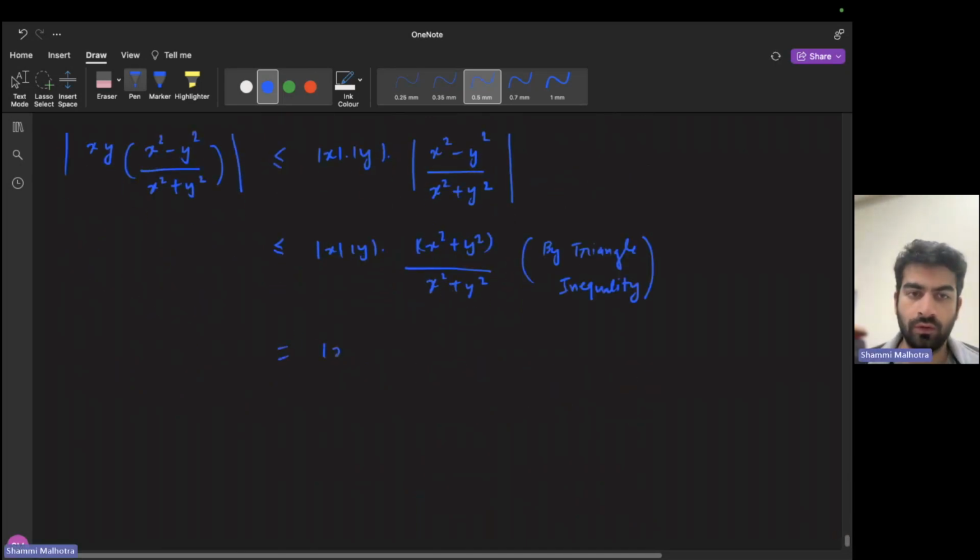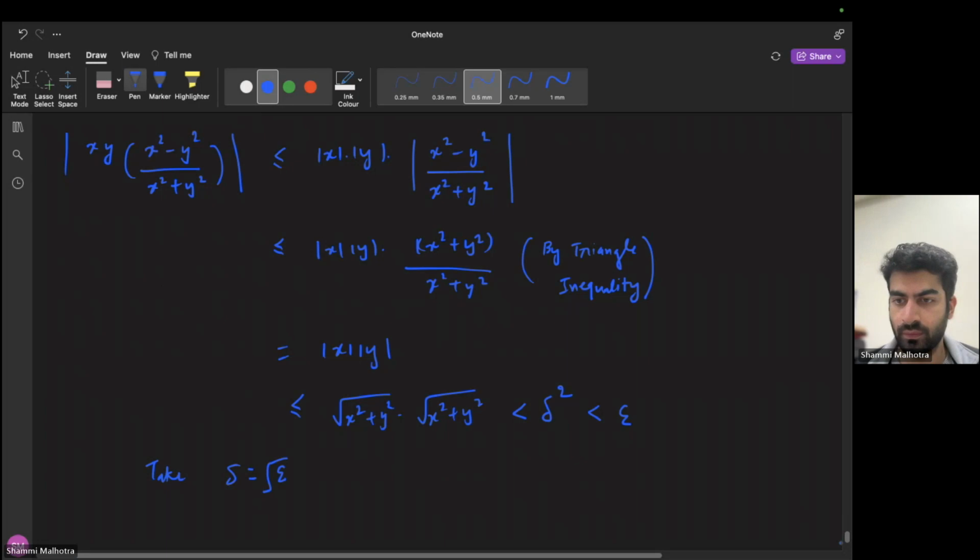So this is just mod of x times mod of y, and that is less than or equal to square root of x square plus y square, and again this is less than or equal to x square plus y square, so this is less than delta square, and I want this to be less than epsilon. So what I will do, I will take delta to be square root of epsilon.